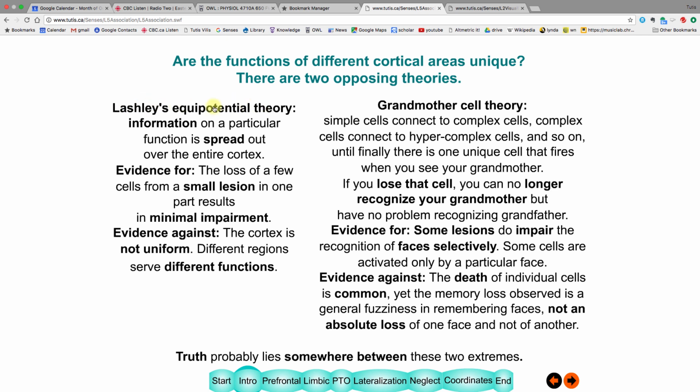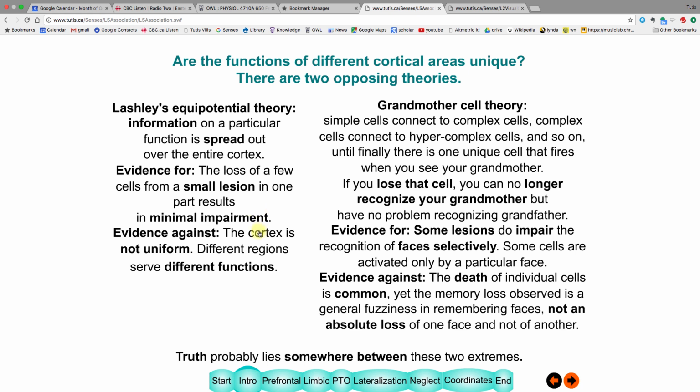two theories. One is called Lashley, and he thought that one part of the brain was largely indistinguishable from another part of the brain. So that if you lost a few neurons from a small lesion, that was not important because it would have a minimal impairment.